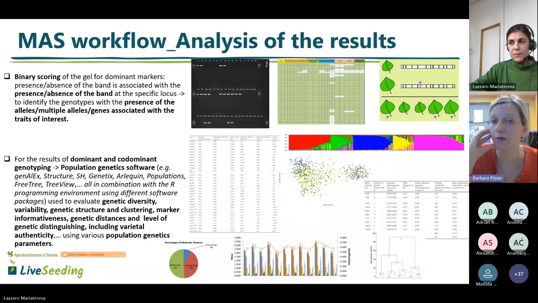Then analysis of molecular variance, principal coordinate analysis, allelic patterns, then UPGMA clustering in combination with Nei's genetic distance, then the genetic structure plots for the genetic groups. This combination of parameters is very important to interpret the results obtained from our genetic analysis.